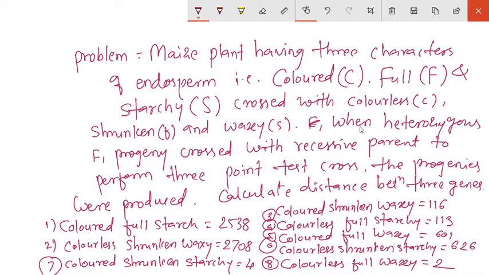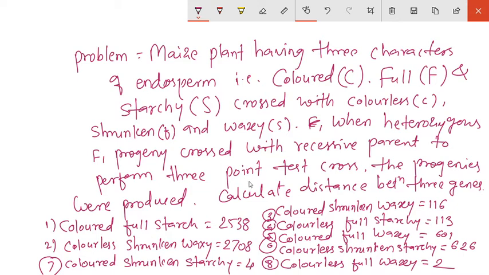When the heterozygous F1 progeny is crossed with the recessive parent to perform the 3-point test cross, the progenies produced were: colored full starchy 2538, colorless shrunken waxy 2708, colored shrunken waxy 116, colorless full starchy 113, colored full waxy 601, colorless shrunken starchy 626, colorless full waxy 2, and colored shrunken starchy 4.